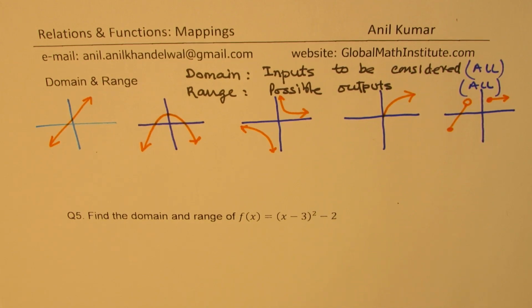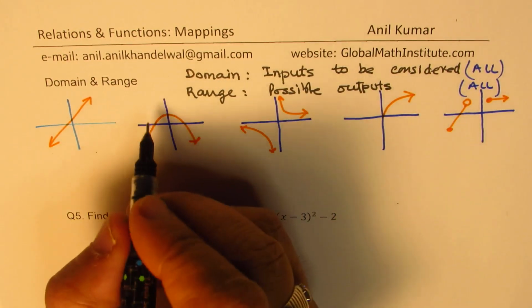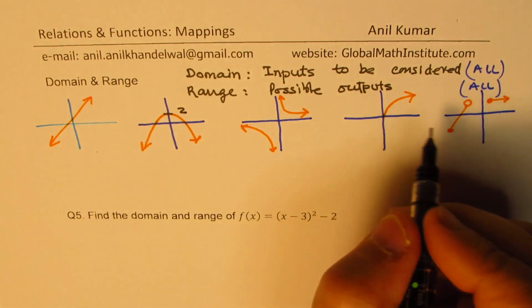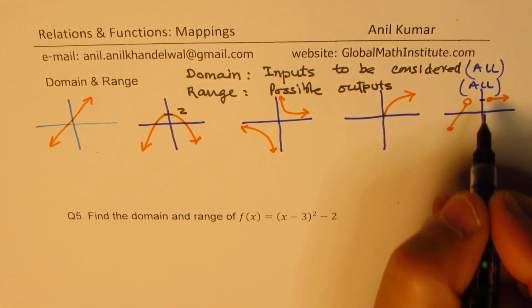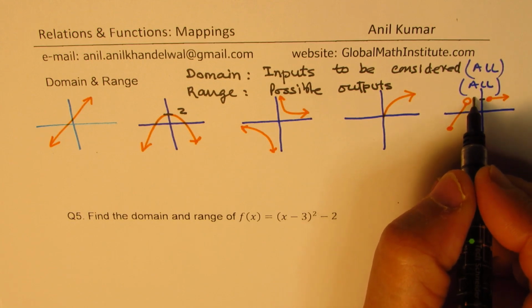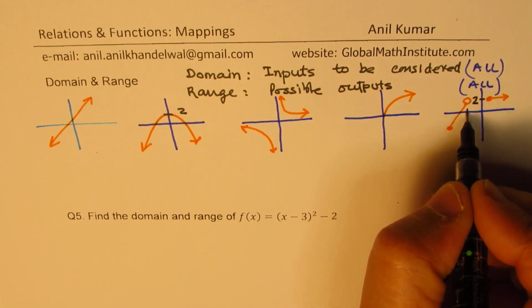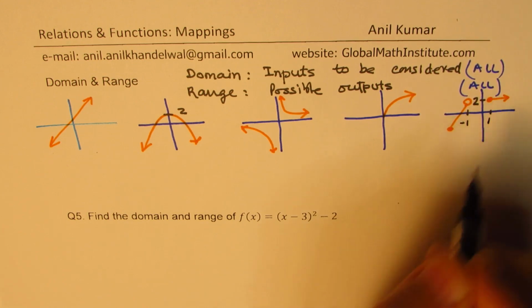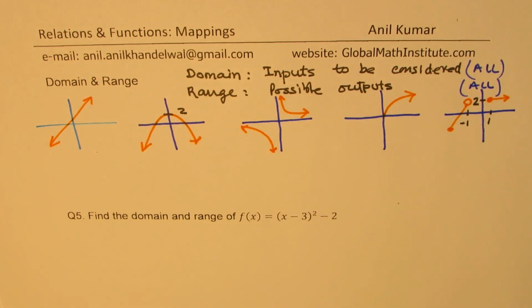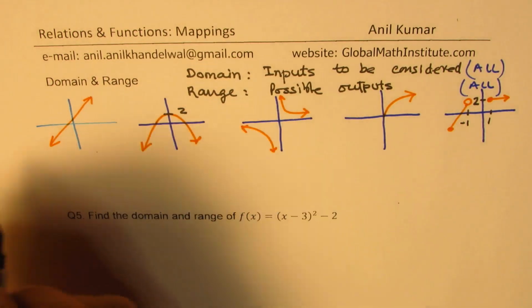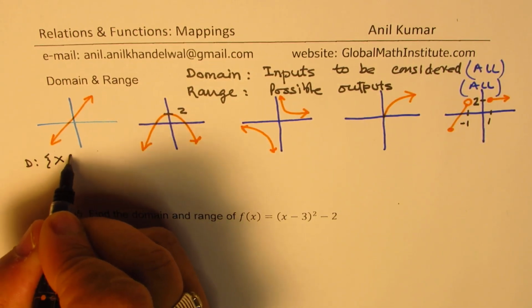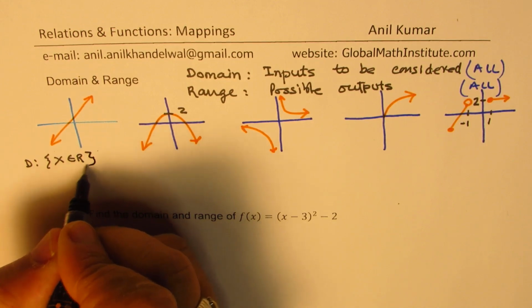Now let us see how to write domain and range for these functions. Let's say this point here is plus 2, right? And this point here is also plus 2, but the x value here is minus 1 and the x value 1 on this side. Now to write domain and range, we say domain for this function here is that x belongs to real numbers.